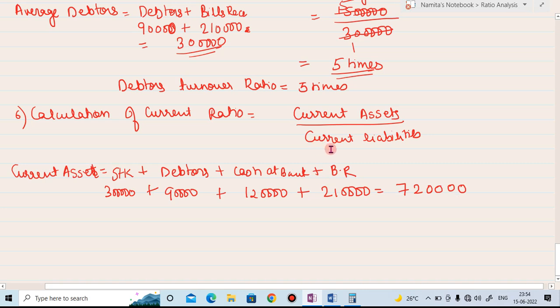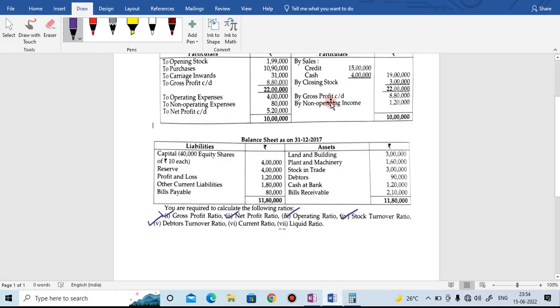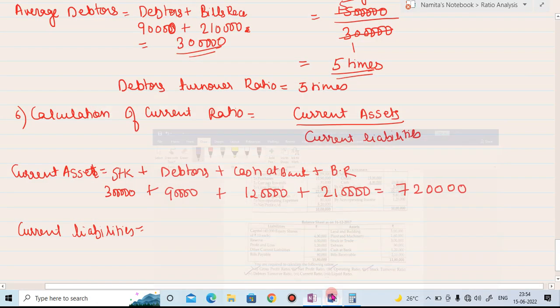Next we have to find the current liabilities. So to find current liabilities, observe the balance sheet of the question. In liabilities, capital, reserve, profit and loss cannot be current liabilities. So what is remaining? Other current liabilities 1 lakh 80,000 and bills payable 80,000.